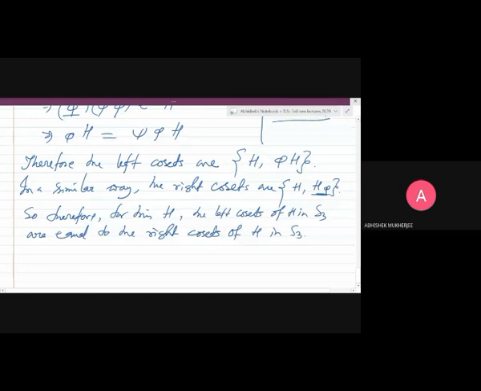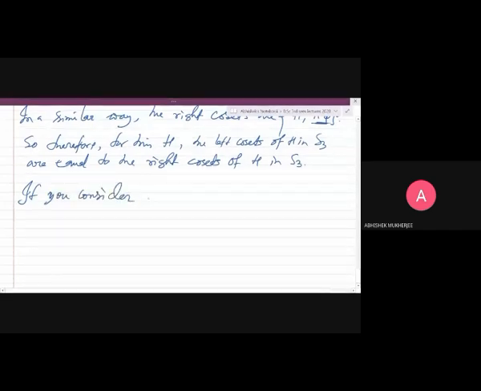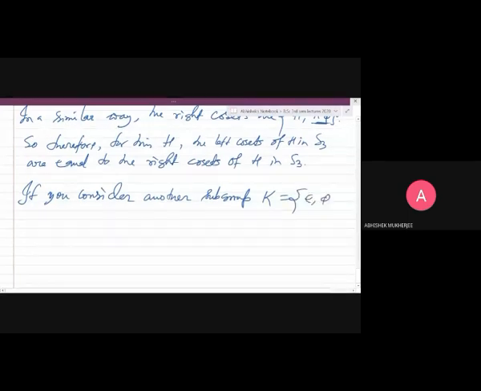But if you consider another subgroup, suppose K. What is K? K is {E, phi}. So it is again a cyclic subgroup generated by phi, since the order of phi is 2.